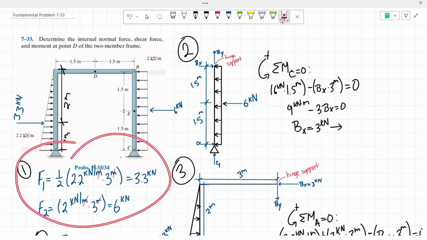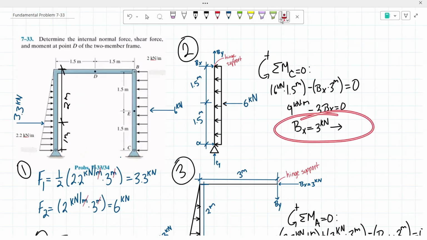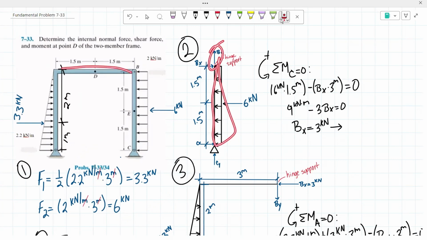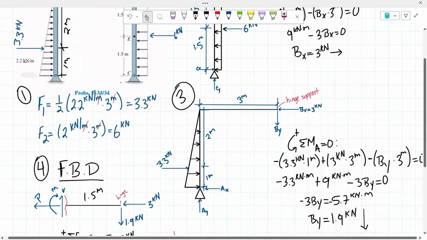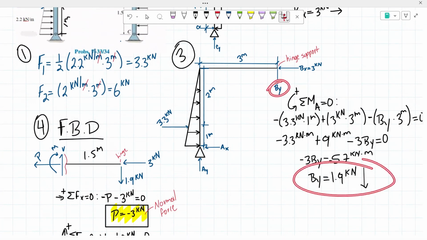From there, I drew this side of the frame to first find my reaction B of X by taking the sum of the moments about point C. From there, since I wasn't able to solve for my reaction B sub Y with this side of the frame, I then drew out this side of the frame, and I took the sum of the moments about point A, and that way I was able to solve for my B sub Y.